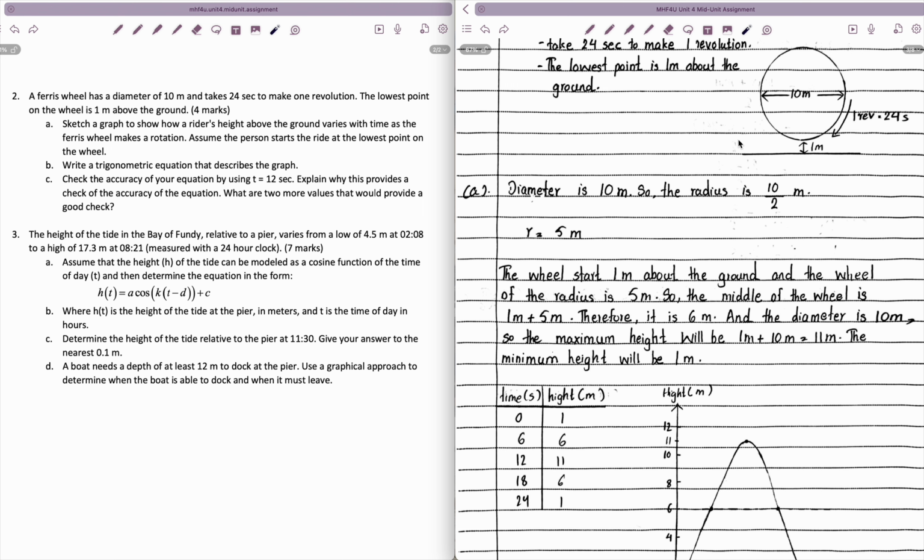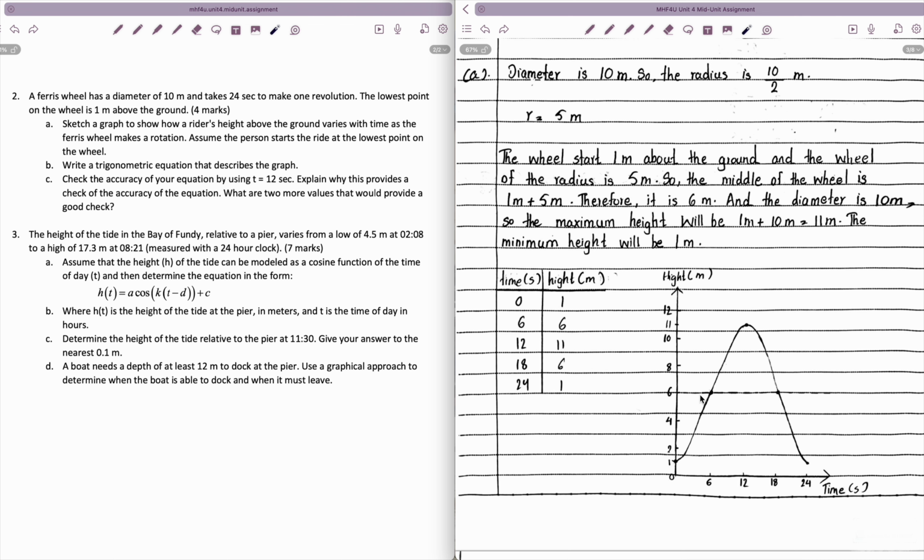And for t equals 12 seconds, the height is 11 meters because the diameter is 10 meters and the lowest point is 1 meter, so 10 plus 1 equals 11 meters. For 18 seconds the height is 6 meters, and for 24 seconds the height is 1 meter.